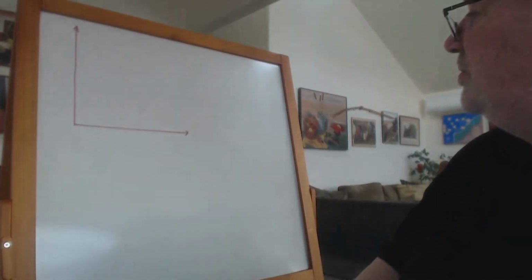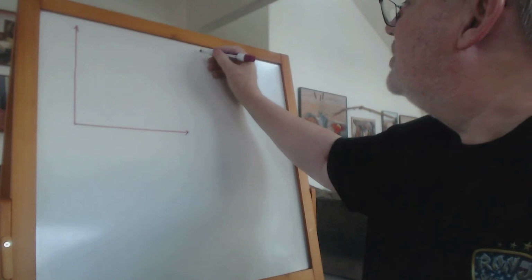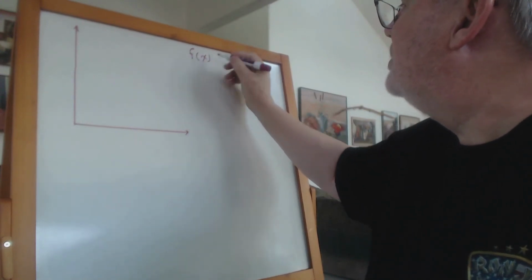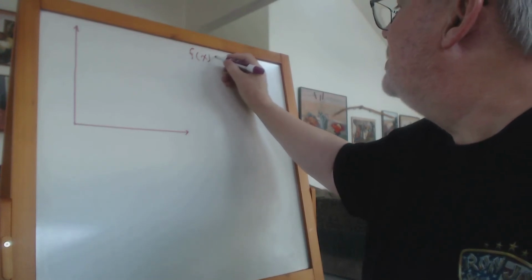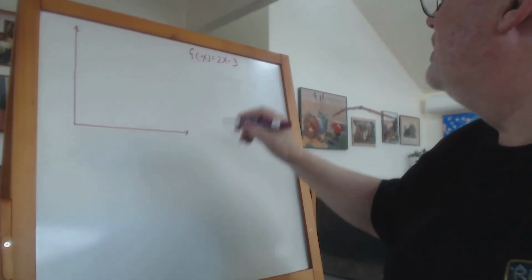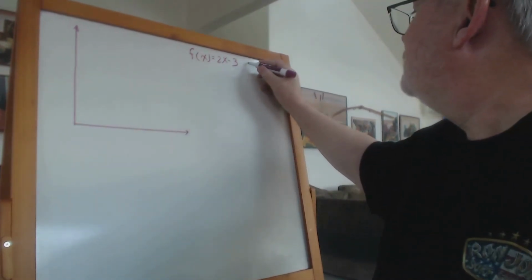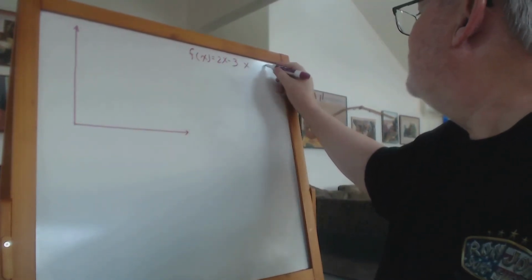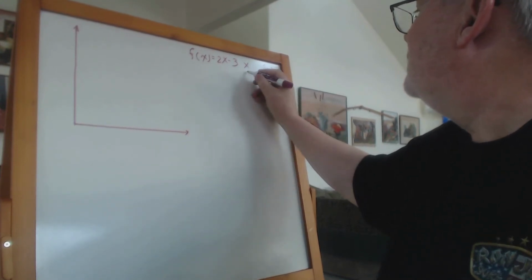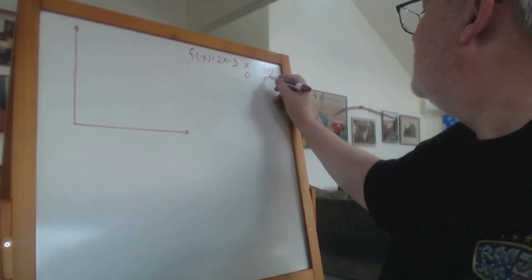Okay, so f of x is equal to 2x minus 3. And so we have x and f of x. When x is 0, f of x is minus 3.